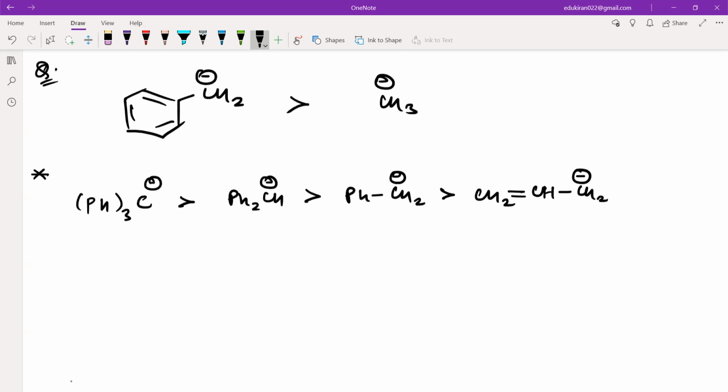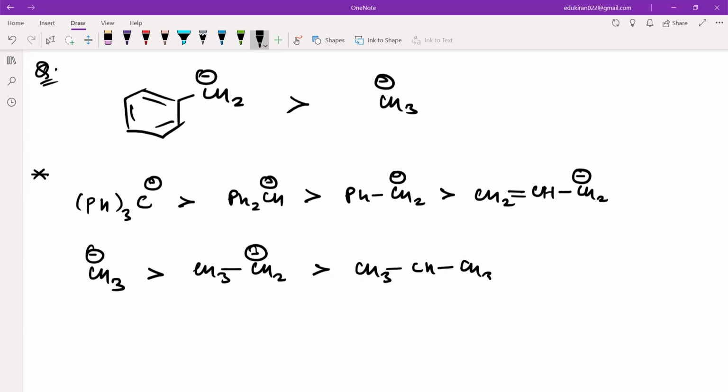This will be followed by a simple CH3 negative, and then CH3 CH2 negative, followed by CH3 CH CH3 negative, and then the least stable of the carbanions will be the tertiary carbon, CH3 C CH3 CH3 with a negative charge here.